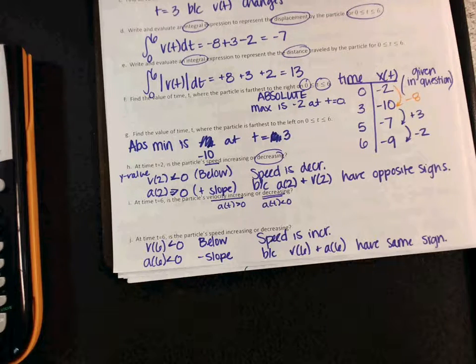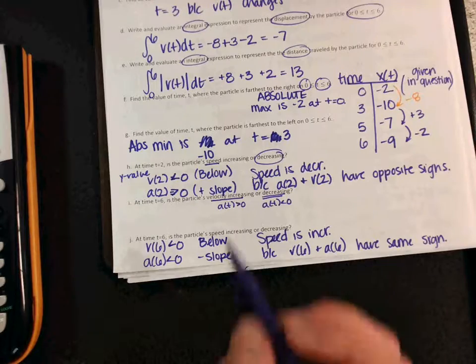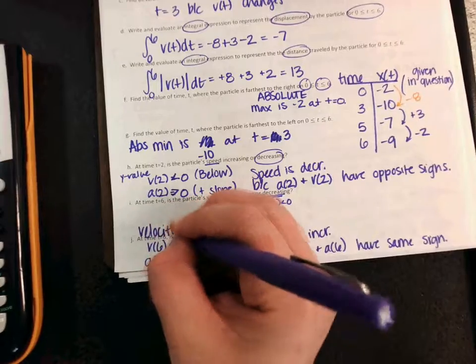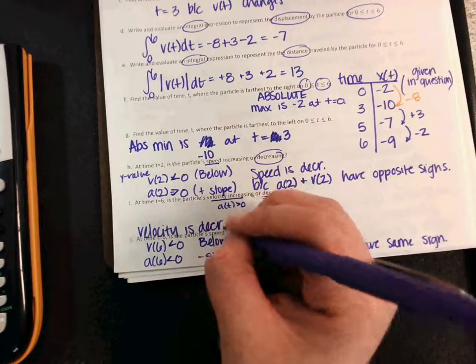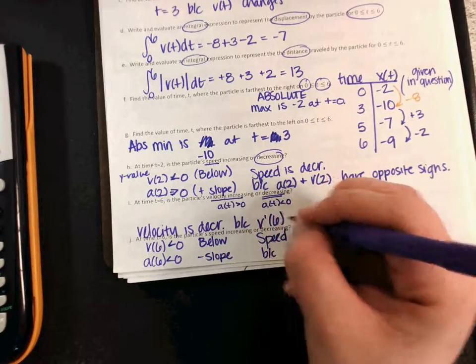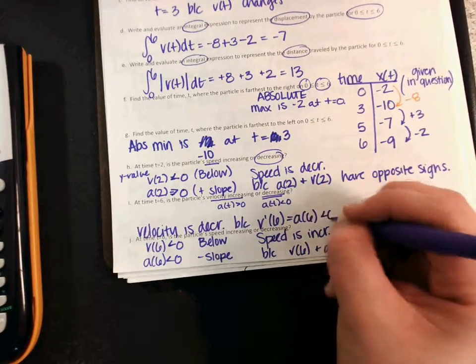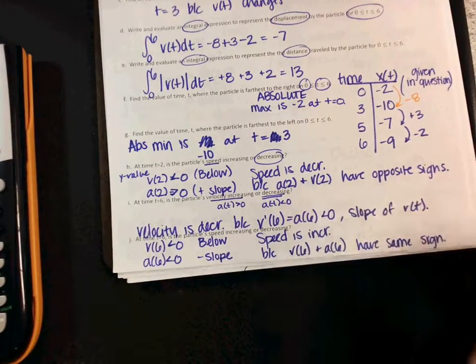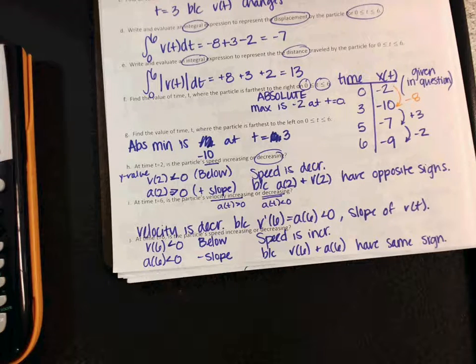Up or down? Down. And if it's going down, then what's my velocity doing? Very good. Velocity is decreasing because v prime of 6, which is a of 6, is less than 0. And that's the slope of v of t. And remember that when you are using a graph, you should be saying what you looked at in the graph. So putting velocity's slope, the slope of v of t, is what you should put for that.